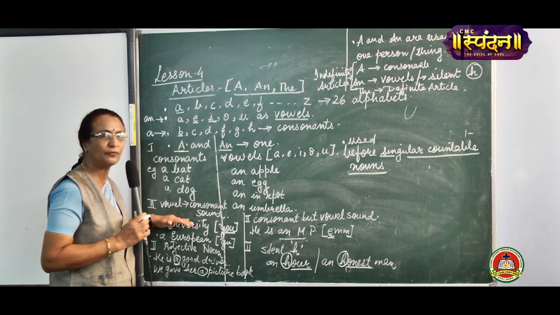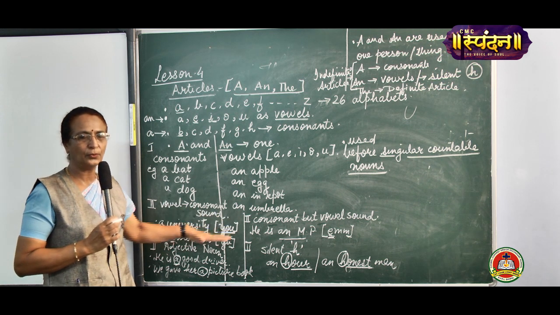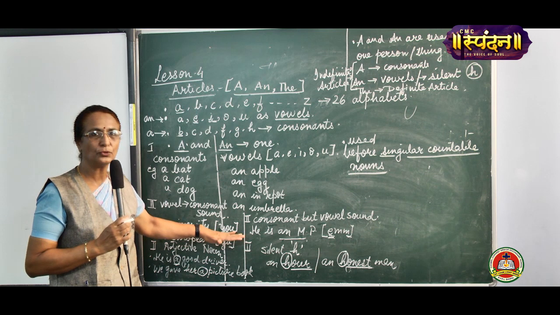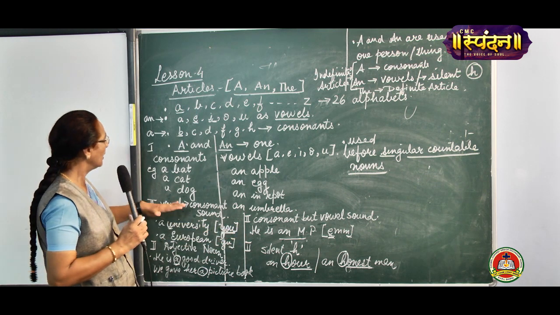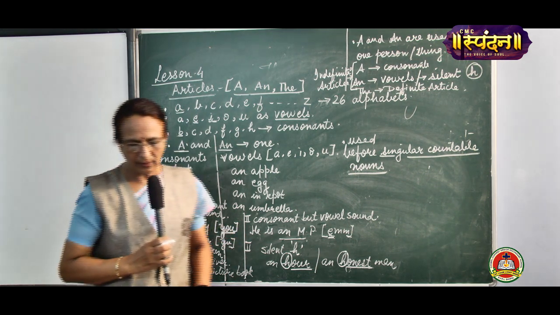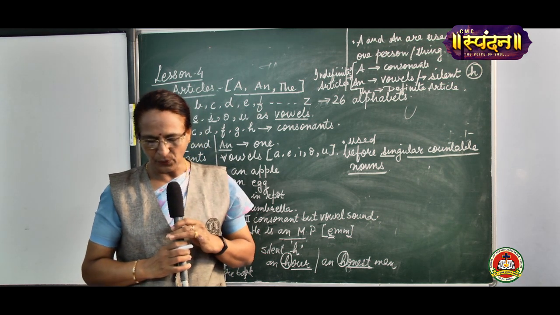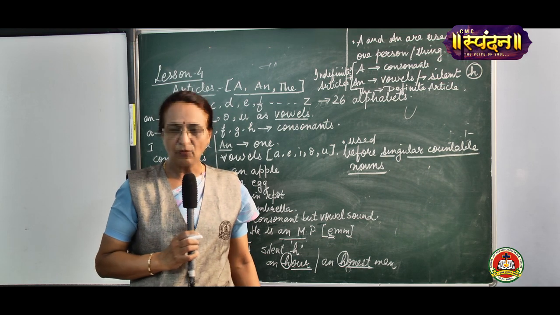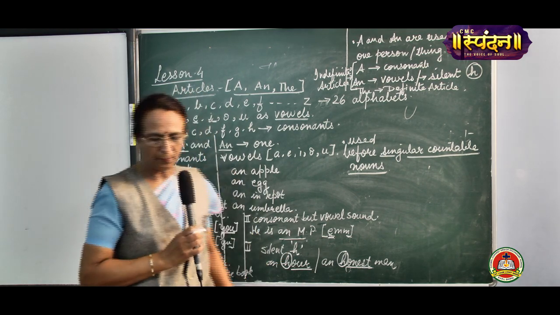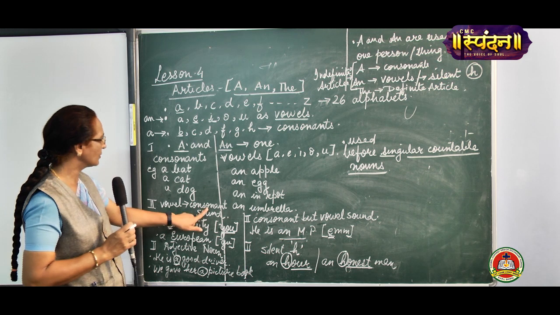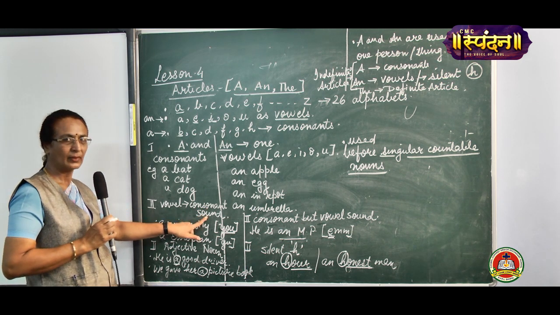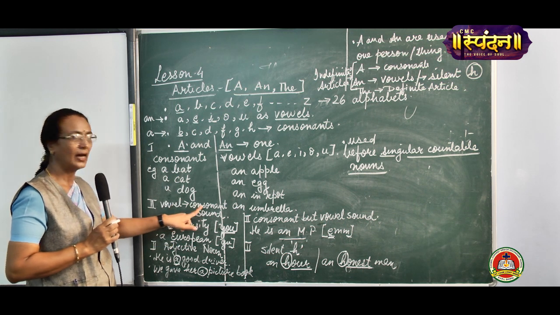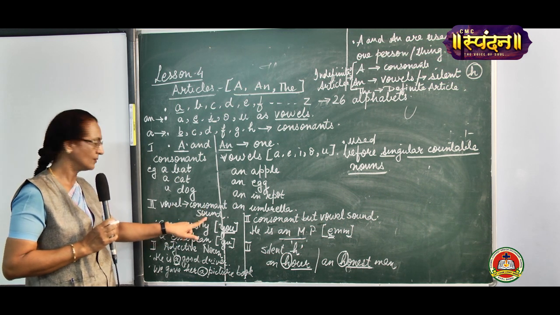The second difference I am telling you, we are doing it in a comparative way so that there is no confusion left for you. Now, secondly, a is used before a singular countable noun which starts with a vowel but has a consonant sound.